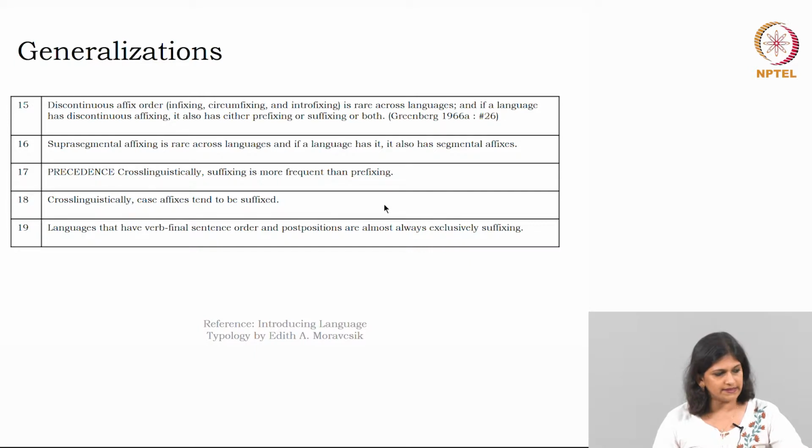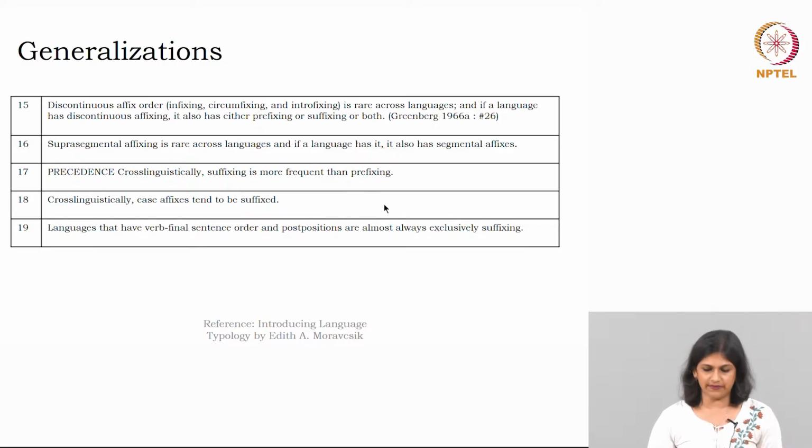The second generalization also talks about the ordering of the affixes, and it reads: discontinuous affix order, that is infixing, circumfixing and interfixing, unlike prefixes and suffixes, is rare across languages. You remember these three, they were the discontinuous ones.